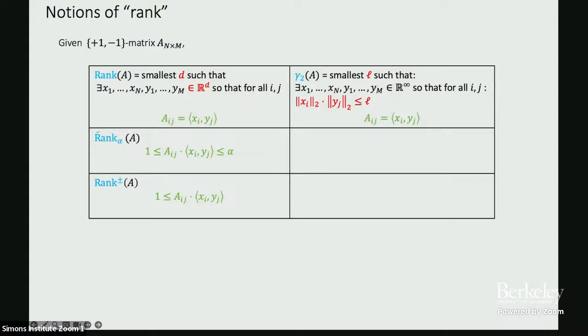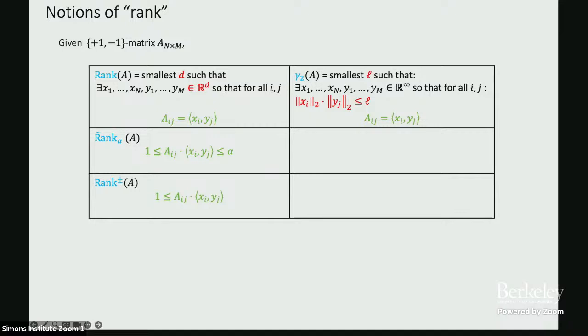So this version of gamma 2 is efficiently computable? Right. So the benefit of this gamma 2 and the relaxations is it's computable, right? Because you can write a semi-definite program, and this would be the optimum value. Rank is easily computable. It's a lucky thing, but these two things are hard to compute.